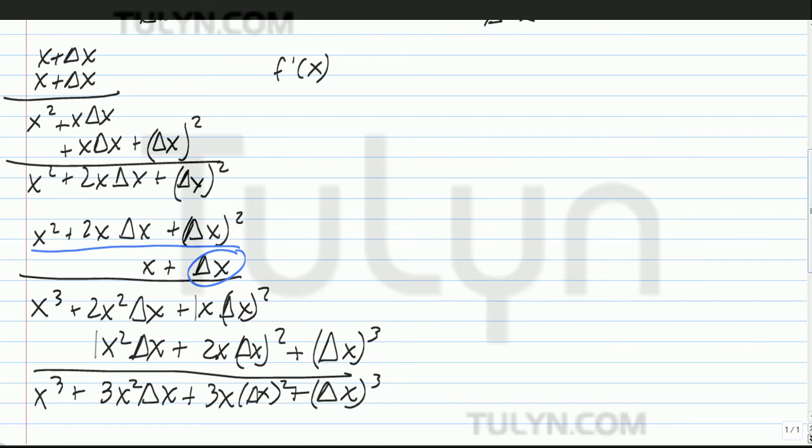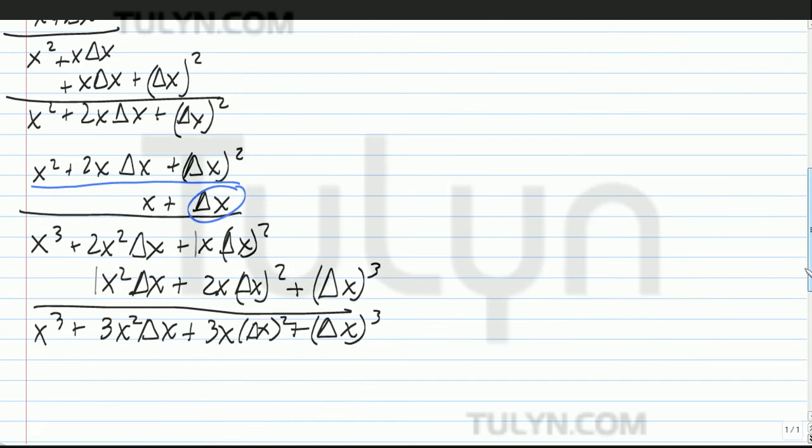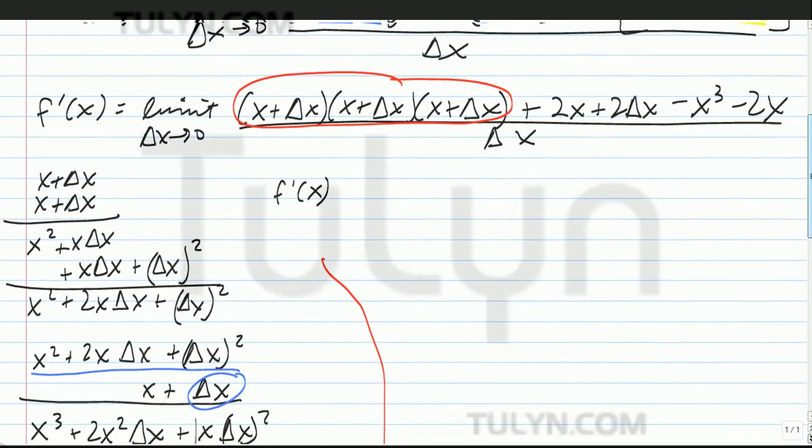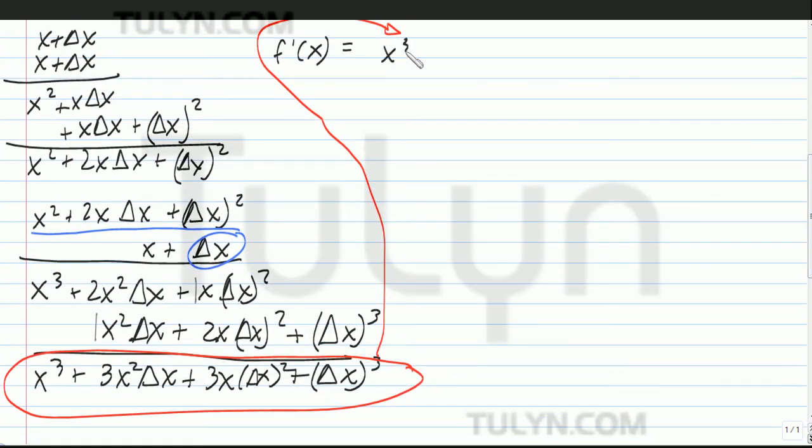And we're just going to take that whole mass right there and move it right here. Equals x to the third plus 3x squared delta x plus 3x delta x squared plus delta x to the third power.